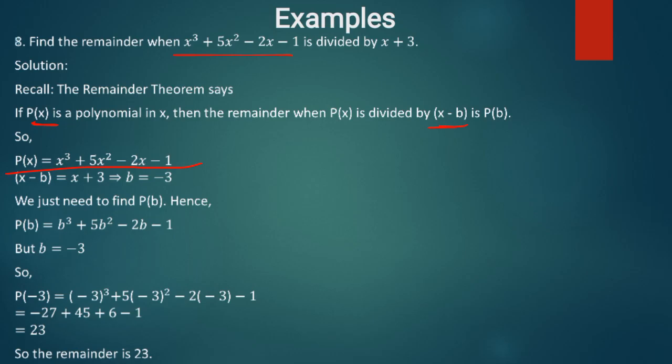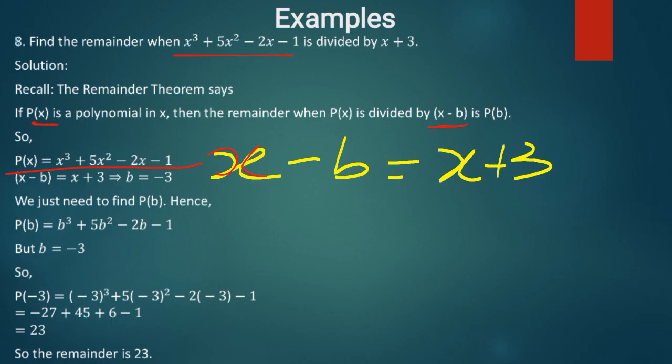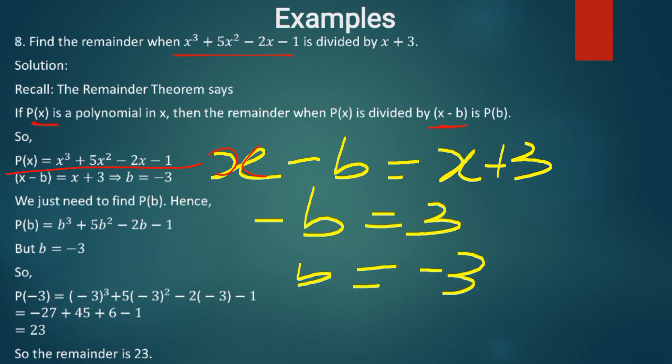We have x minus b equals x plus 3. Clearly the x cancels out, so you have minus b is equal to 3, meaning that b will be equal to minus 3. So we found b. Our b is minus 3.